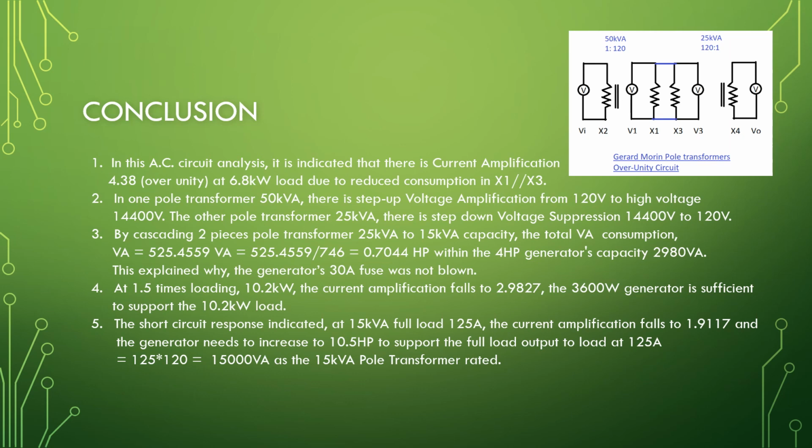By cascading two pole transformers, 25 kVA to 15 kVA, the total VA consumption equal to 525.4559 VA equal to 525.4559 divided by 746 equal to 0.7044 horsepower, within the 4 horsepower generator's capacity, 2,980 VA.